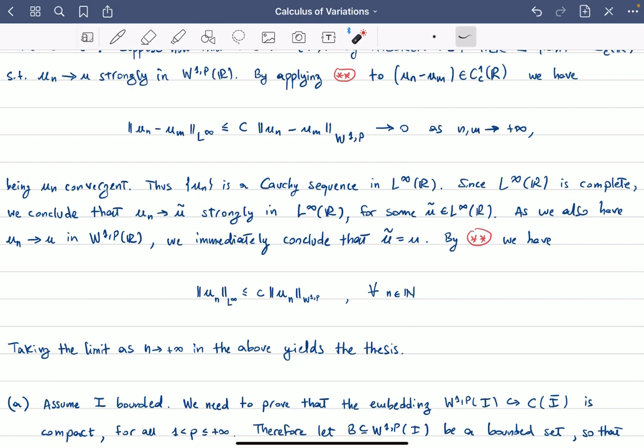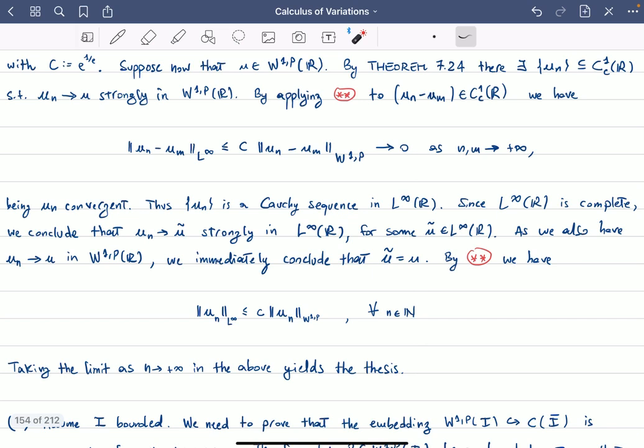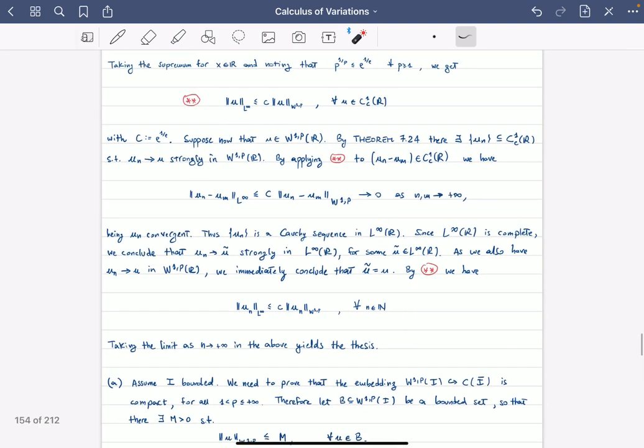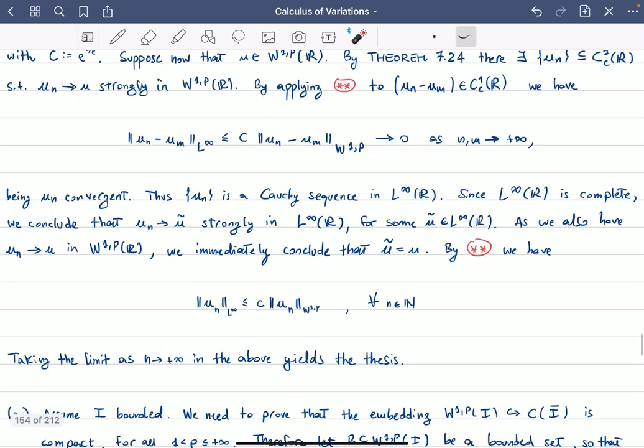Since u_n is convergent in W^{1,p}, it is Cauchy with respect to the W^{1,p} norm, and therefore this term goes to 0.